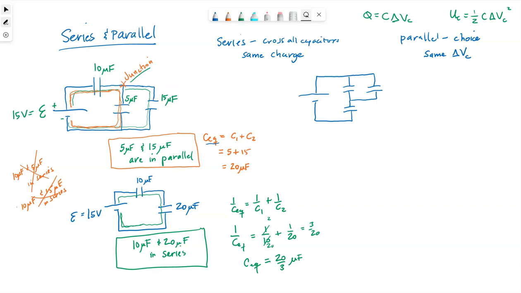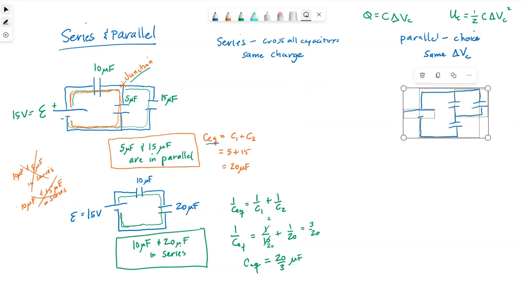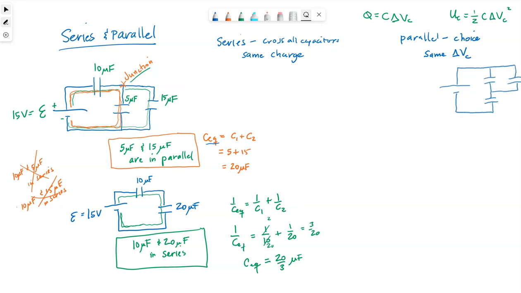Okay, I'm going to move this guy to the right.